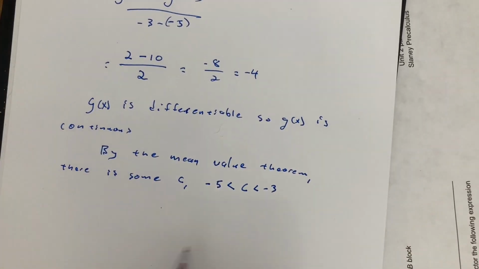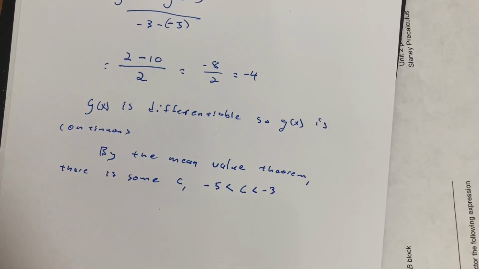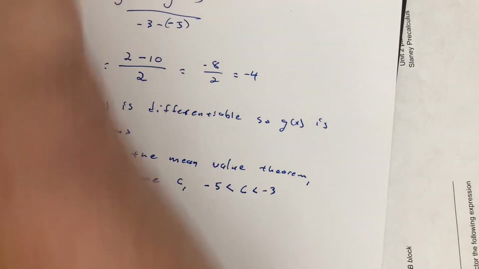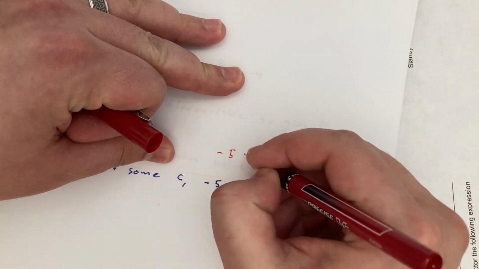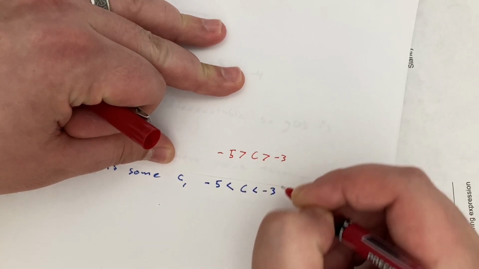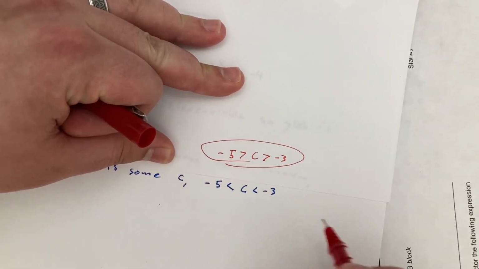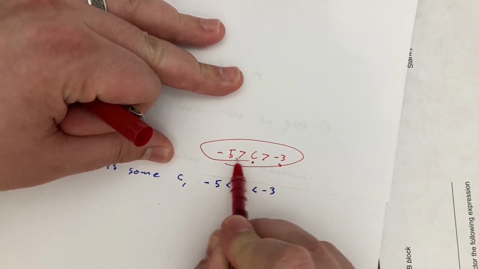I had to be a little careful. We got a lot of negatives floating around. You want to position this so that c is the value in between negative 5 and negative 3. You don't want to do something silly like let's look at if this were reversed. This implies that c is greater than negative 3, but also less than negative 5.